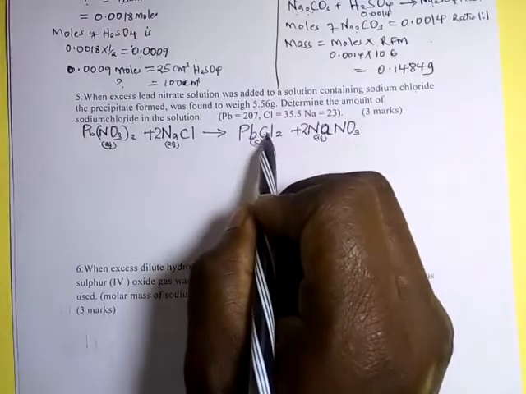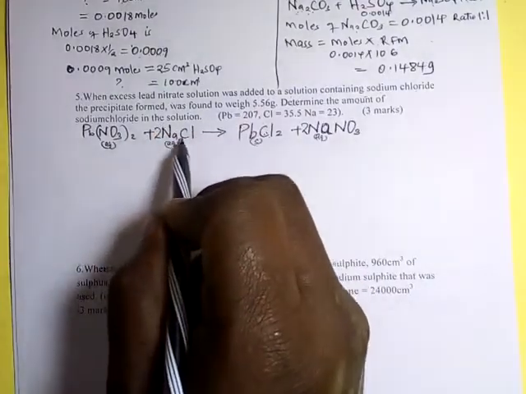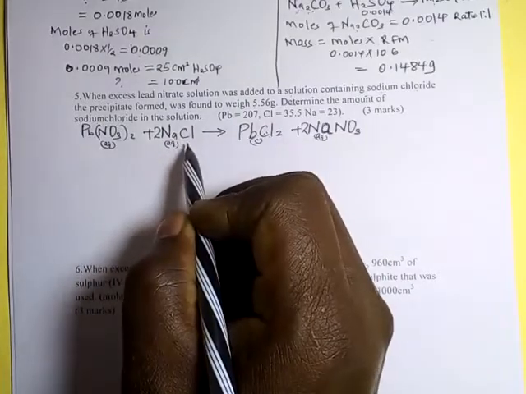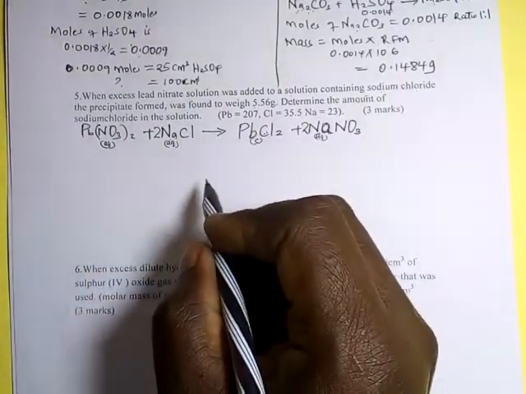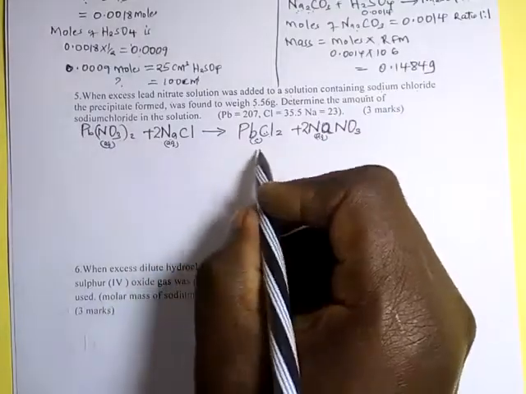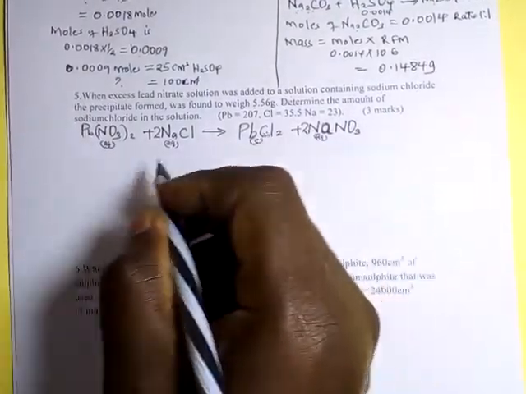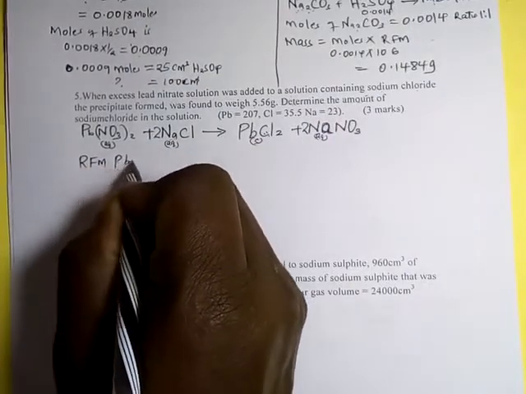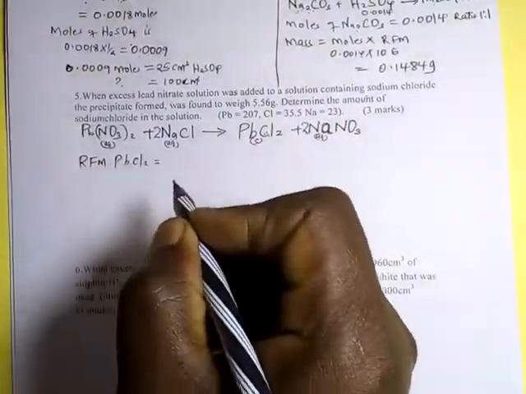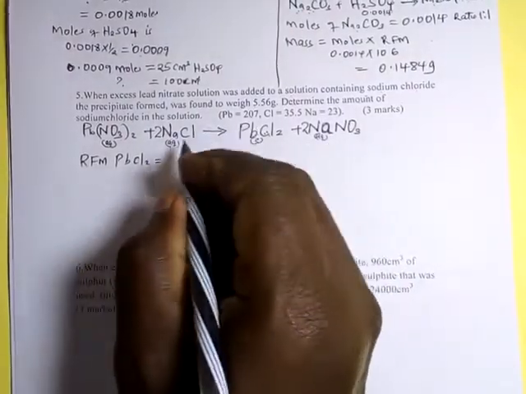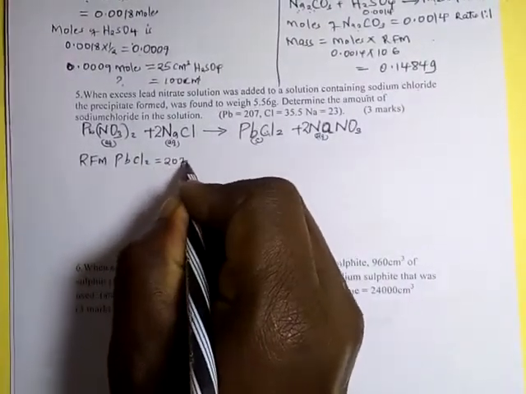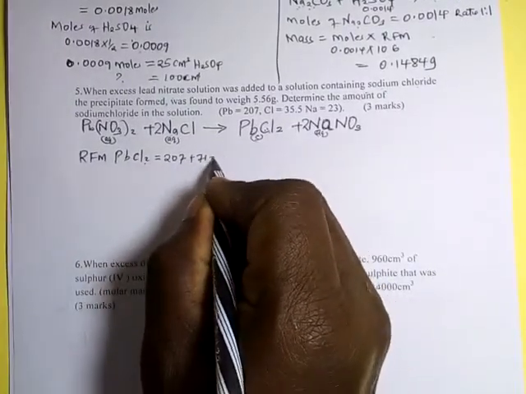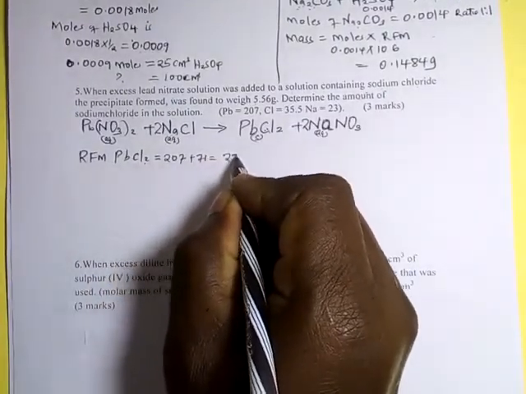So it is from lead chloride we start so that we can go back to calculating the mass of sodium chloride. Now let us get the Rfm of lead chloride first. So Rfm of lead chloride equals, we have been given 207 for lead, chloride is 35 times 2, which is 71, and it's going to give us 278.